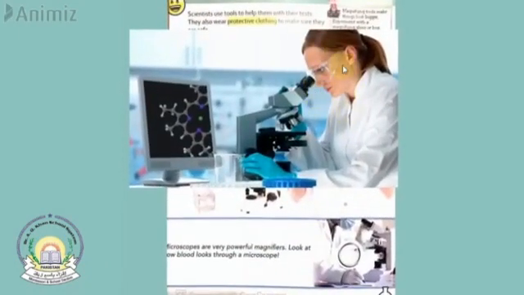As you can see in this picture, this is protective clothing. You can see the glasses worn by the scientist. You can see the gloves, and this is a lab coat worn by the scientist. So these are protective clothing that they have to wear in order to protect themselves from different dangerous chemicals or dangerous organisms.